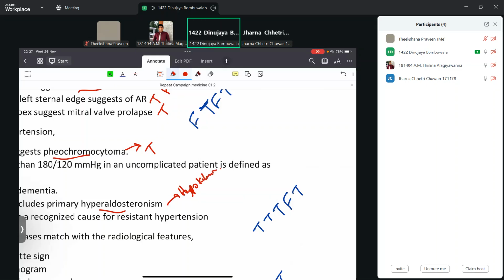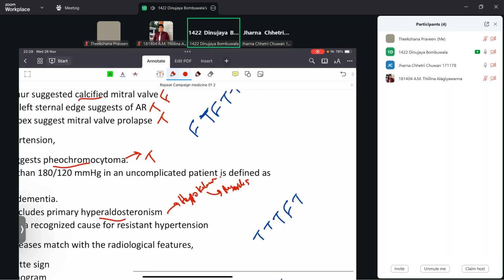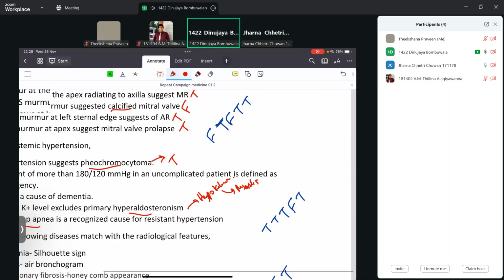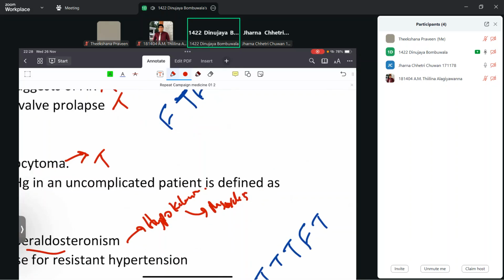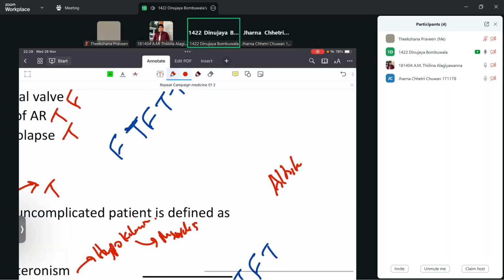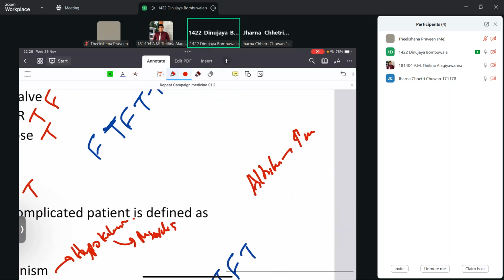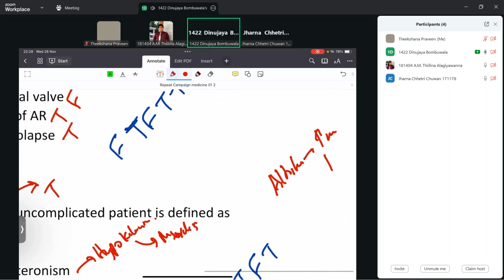But clinically, what is the symptom of patients with hypokalemia? Muscle weakness. That is the symptom we ask patients, not to exclude but to screen for hyperaldosteronism, when we are assessing a patient with secondary hypertension. Hypokalemia, because aldosterone causes increased sodium absorption and decreased potassium levels. So hypokalemia and muscle weakness.